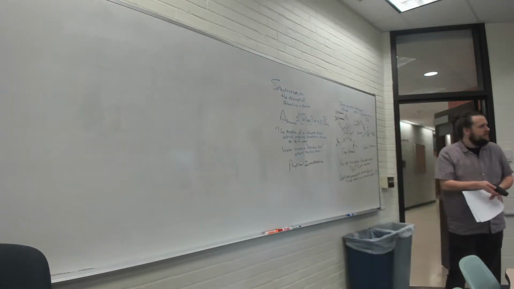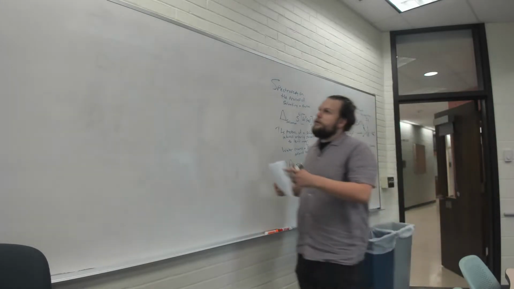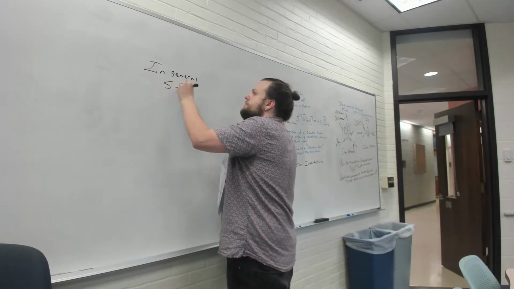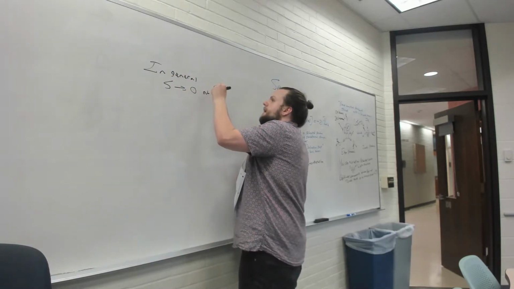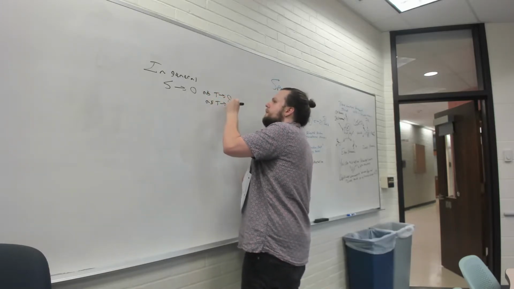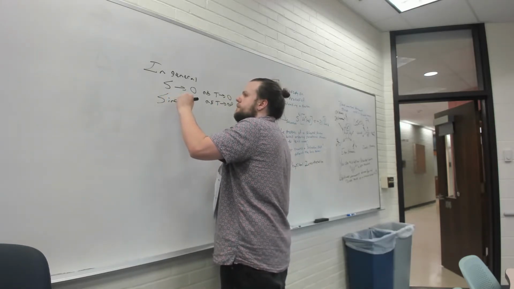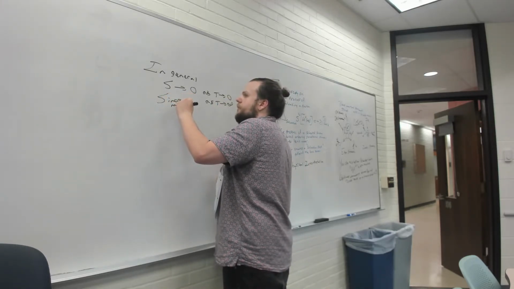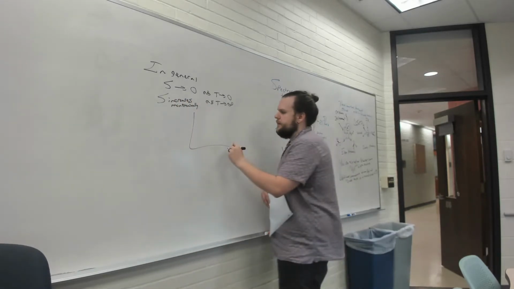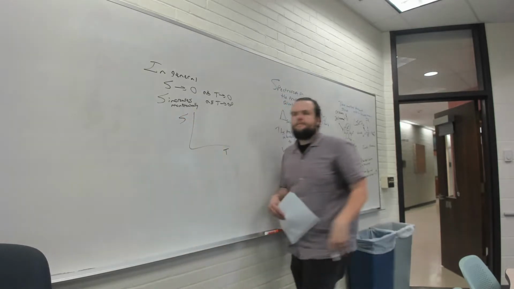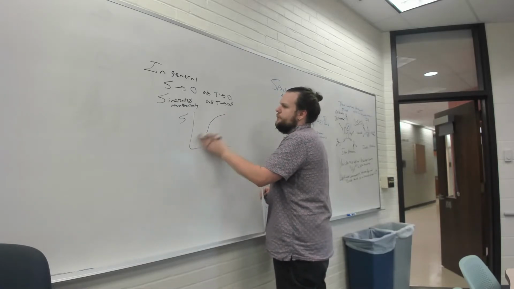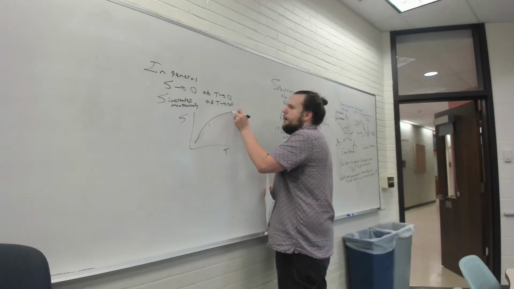As temperature decreases, entropy decreases. And in general, S goes to 0 as T goes to 0, as we said, but as T goes to infinity, S increases monotonically. It never goes down. As we'll see, if you plot temperature versus entropy for a species, it will always go up and eventually start to level off.